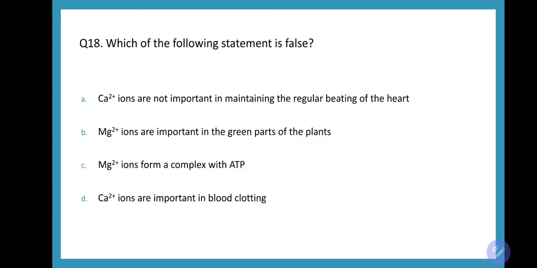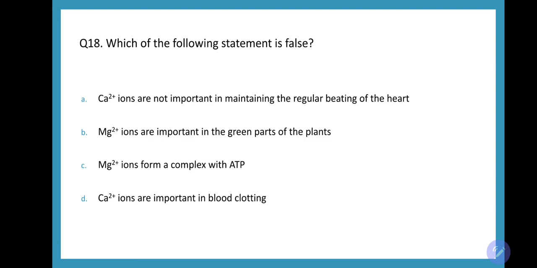Which of the following statements is false? Calcium ions are more important in maintaining the regular beating of the heart. Magnesium ions are important for the green part of the plant. Magnesium ions form a complex with ATP. Calcium ions are important in blood clotting.